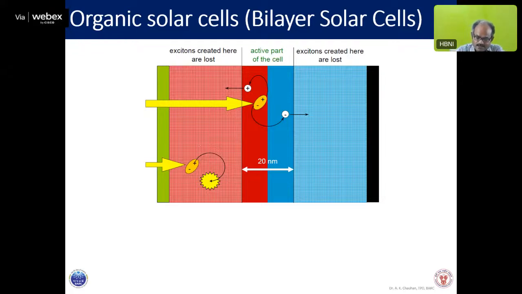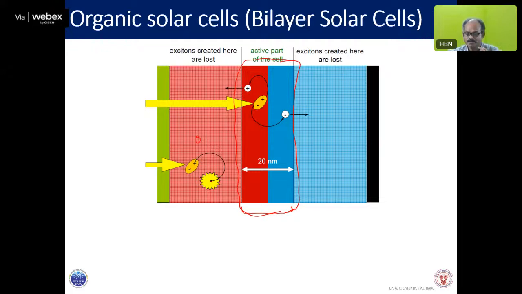If a photon is absorbed in this region and an exciton has been created, it cannot reach this junction because the diffusion length is this much only. So the excitons which are created only in this area will probably give you an electron and hole pair.